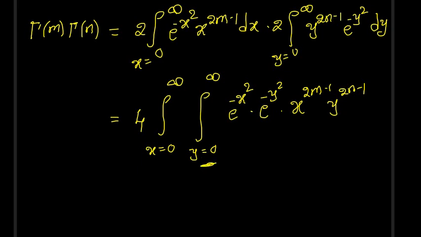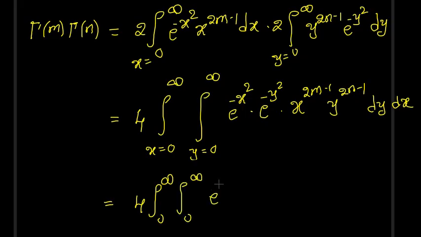First you are integrating with y, so you write dy first, and then you are integrating with x, so you write dx. This will be equal to 4 times the double integral from 0 to infinity of e to the power minus of (x squared plus y squared), and the other factors as they are.